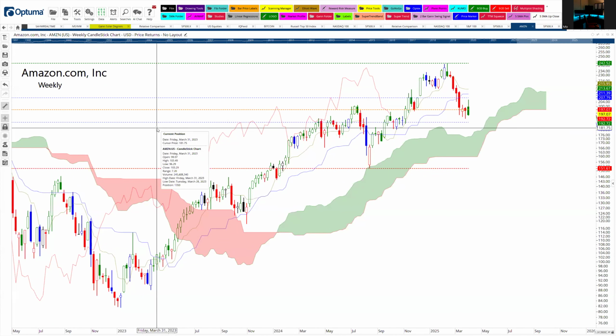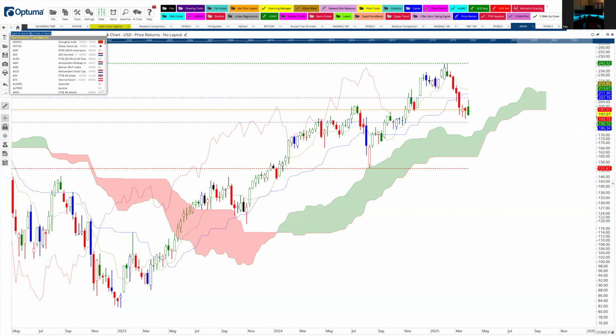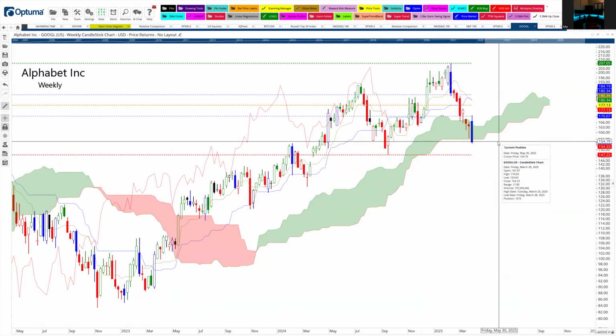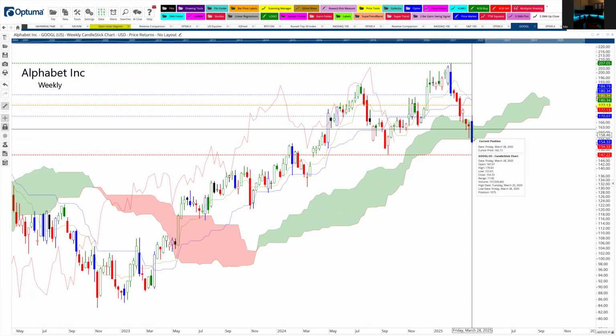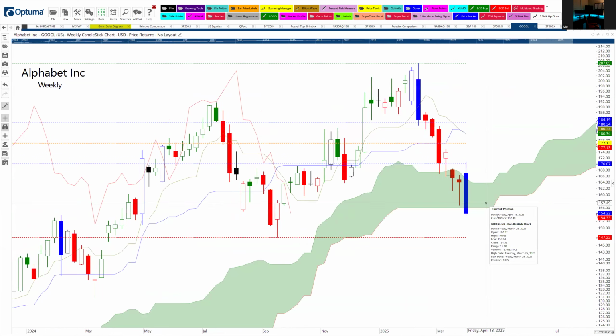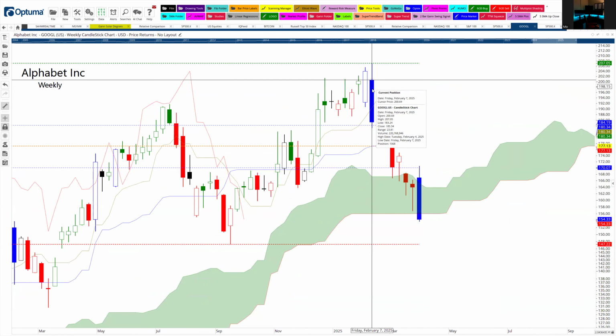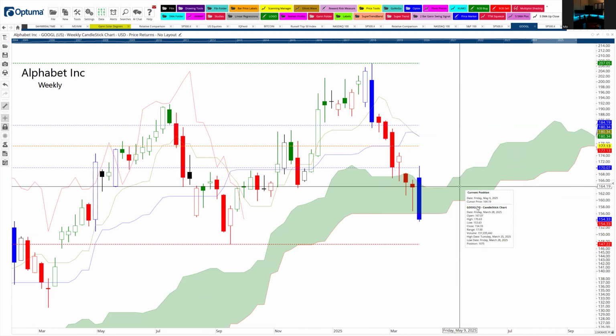See Amazon right there in the middle. This is crazy. Google, look at the outside bar on the top of Google.